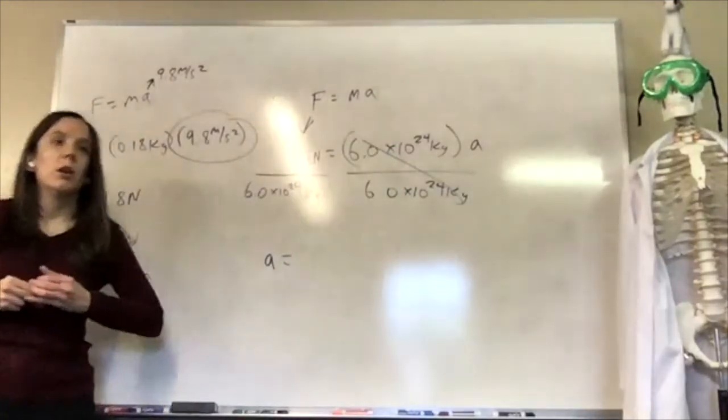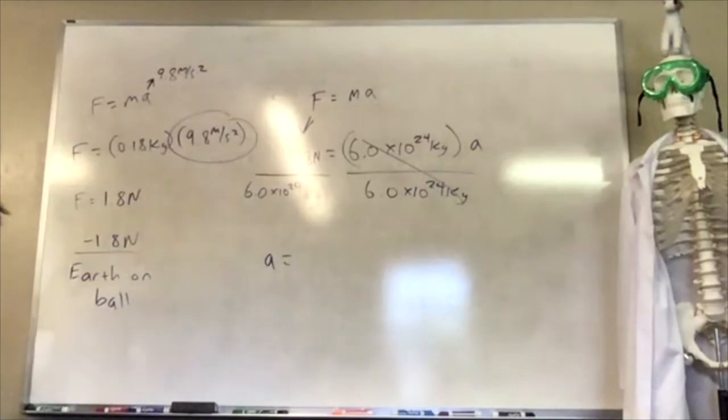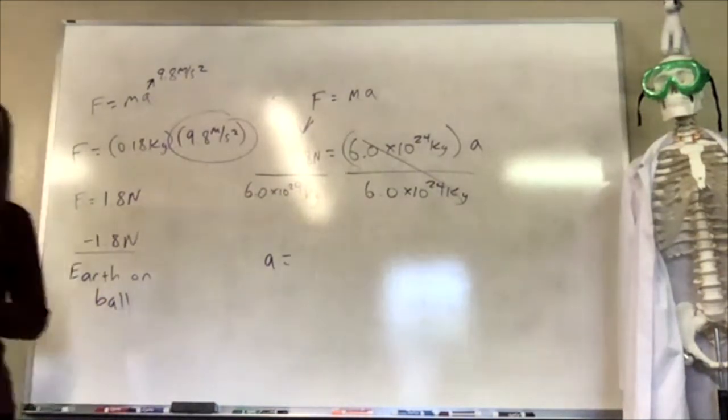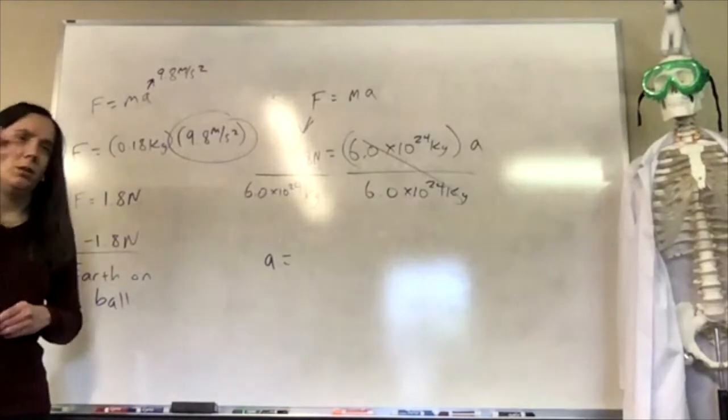Now I'll give you time to calculate the acceleration. Did you get that, Robert, or are you still calculating that? Yeah, it's going to be very small. Not quite. Are you using the E button on your calculator? No, it's a double E button.